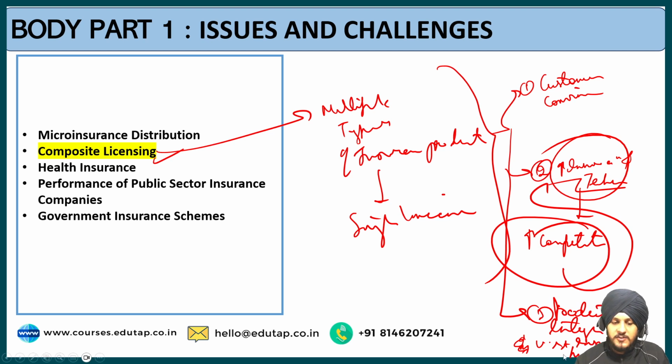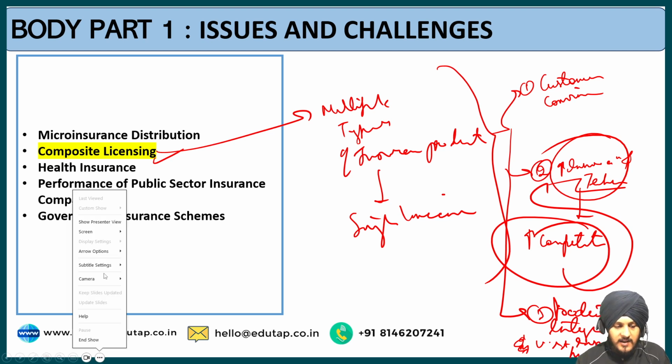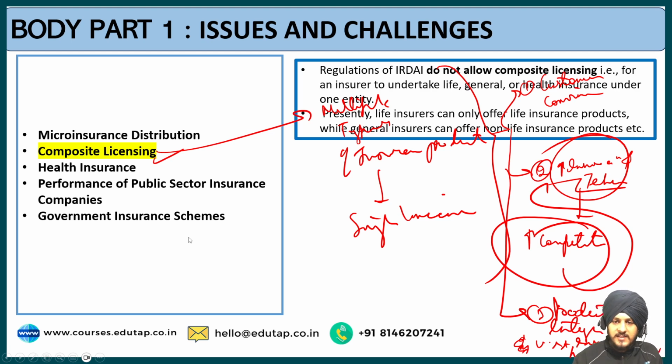But the challenge with respect to India is that IRDAI does not allow composite licensing in India. So the regulations of IRDAI do not allow composite licensing, and presently the life insurers, for example, can only offer life insurance products, while the general insurers can offer non-life insurance products, etc. So this is the case with respect to India, where composite licensing has not been allowed because of certain regulatory requirements that it demands.